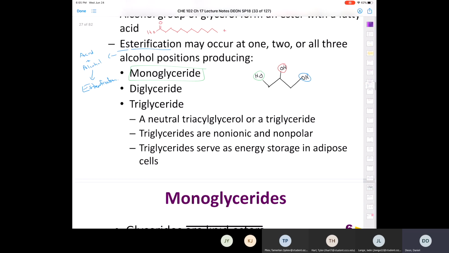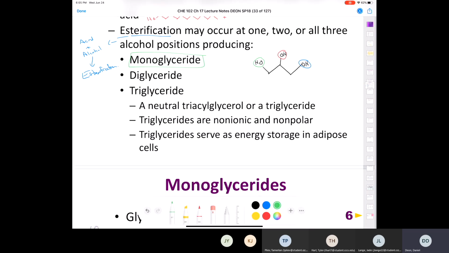Triglycerides are really important. It says here that a neutral triglyceride, we can also call it a triacylglycerol, sometimes we call it a TGC.